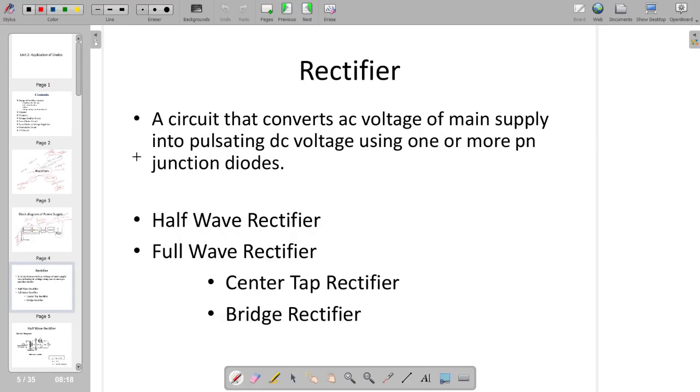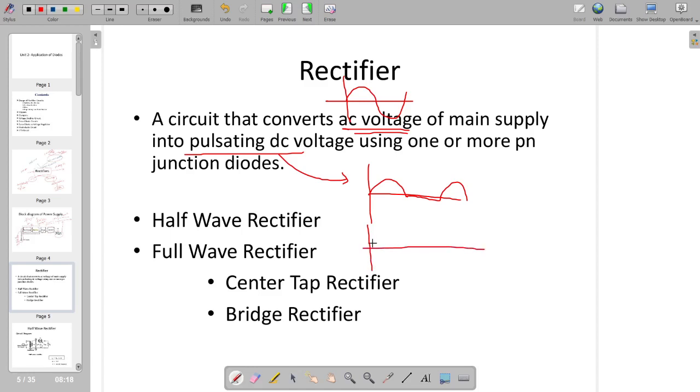A rectifier is basically a circuit that converts the AC voltage of the main supply into a pulsating DC. This is the AC input, and we convert it into a pulsating DC. For a half wave rectifier the output is like this, and for a full wave rectifier the output is like this.